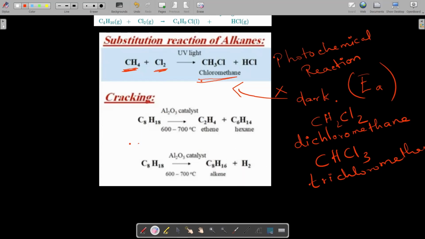Likewise, it either breaks into an alkene and an alkane or an alkene and hydrogen. Whatever it be, if you add the number of carbons on the product side, it will be equal to the reactant number.